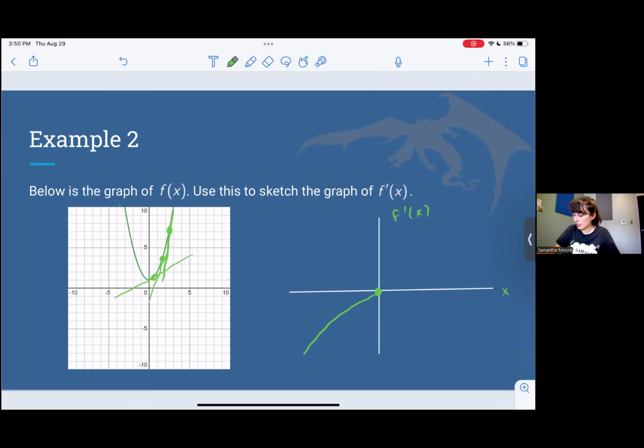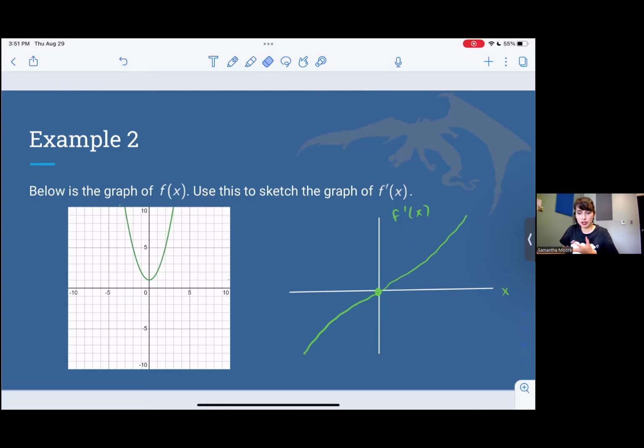But they're going to start out with more shallow positive slopes, and then they're going to get more and more intensely positive. So maybe the graph looks something like this on the other side. My slopes, which correspond to my y values, are going to start out as small positive slopes, and then they're going to get to bigger and bigger y values.